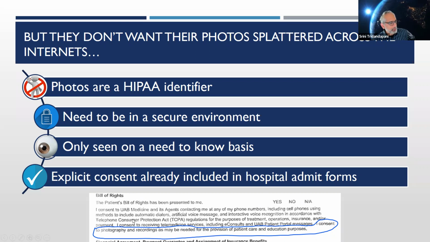In fact, the one we have at UAB says, I consent to photography and recordings as may be needed for the provision of patient care and education purposes. So if we decide that this is what we need in order to prevent errors, or in order to make our diagnosis better, then it is covered in this consent.